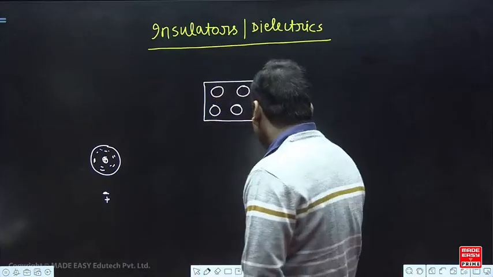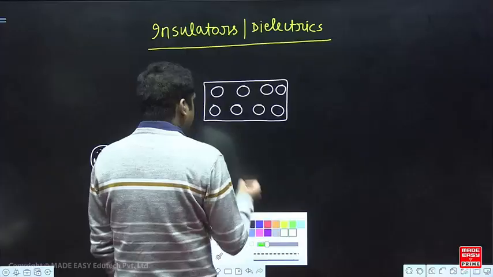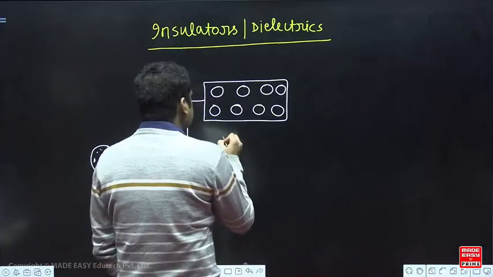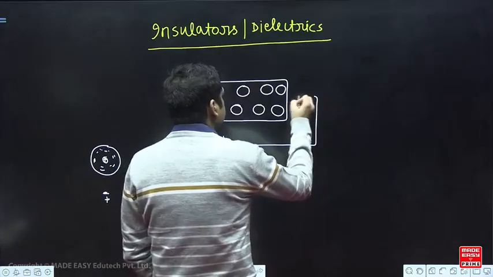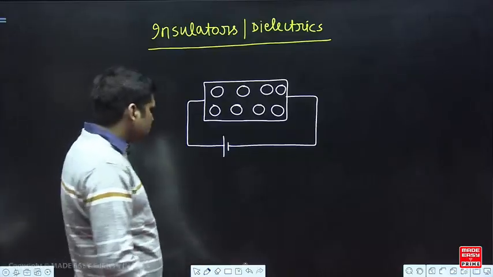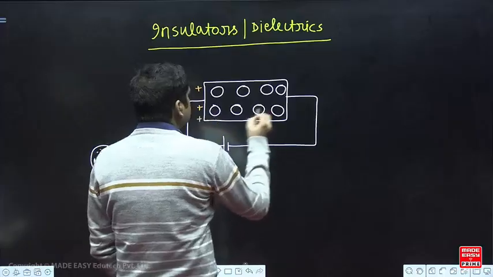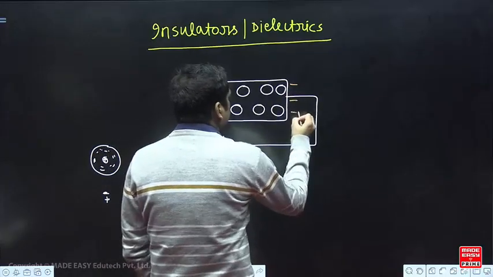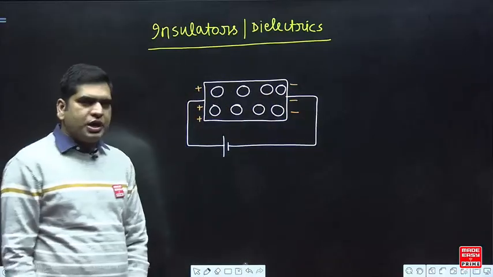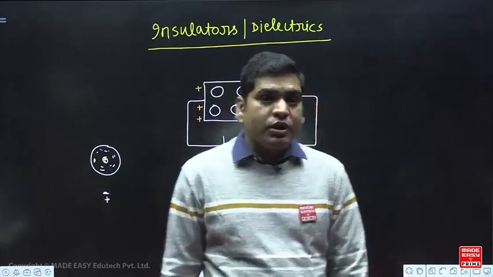Let us suppose we applied a voltage across this non-conducting material. The positive end of the voltage will try to attract electrons, and the negative end of the voltage will try to attract the nucleus.